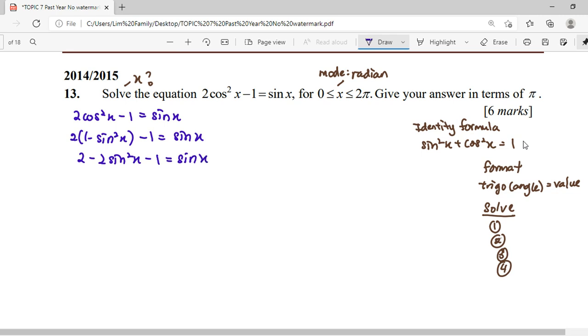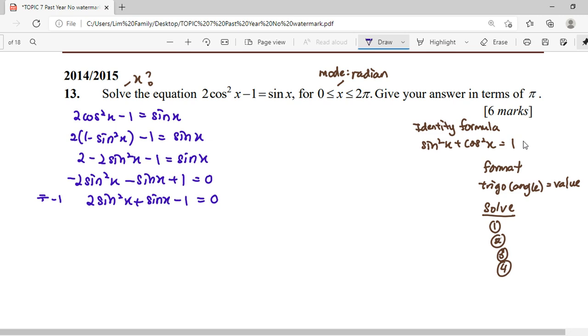So we simplify this quadratic equation, we arrange it, move everything to the left hand side, equals to 0. I don't want the quadratic to be negative, so I divide by negative 1. So we can get 2 sine square x plus sine x minus 1 equals to 0.